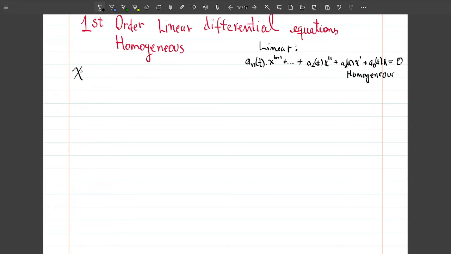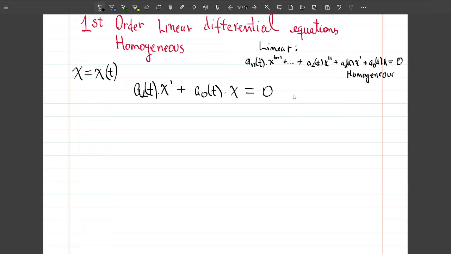Remember that x is a function of t, and we will find solutions of equations like this one: a1 of t times the first derivative of x plus a0 of t times the function x equals 0.